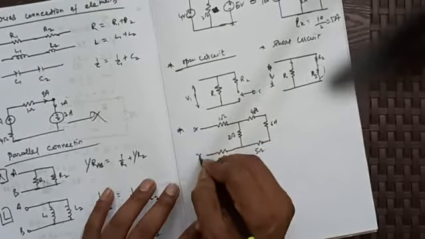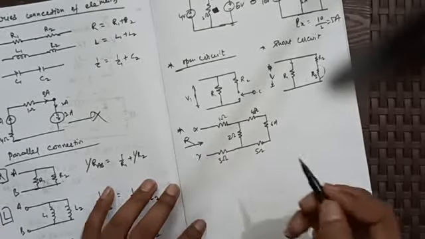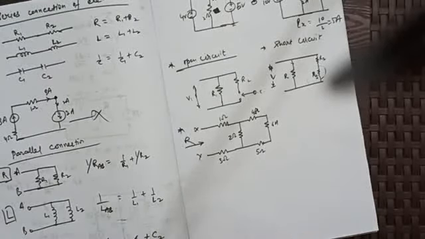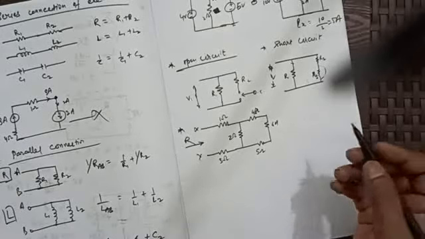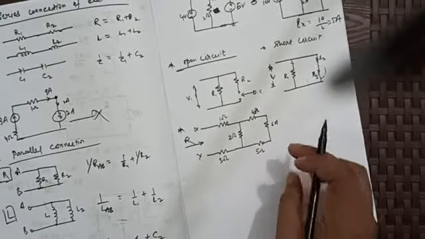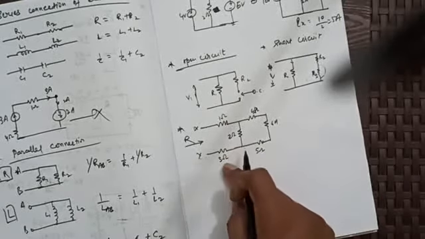This terminal is XY. Now if I ask you what is the equivalent resistance if we see the terminals from XY into the network, so what will be this: 6, 4 plus 5, 15 in parallel with 2 plus 1 plus 3.